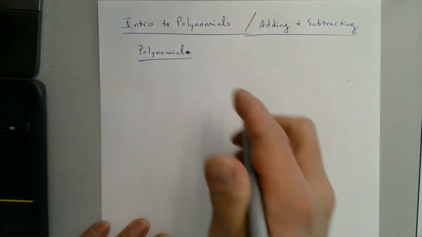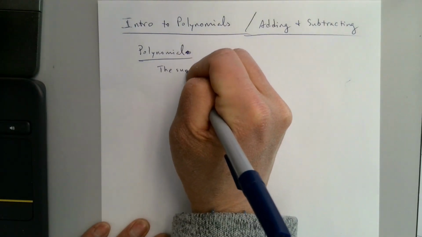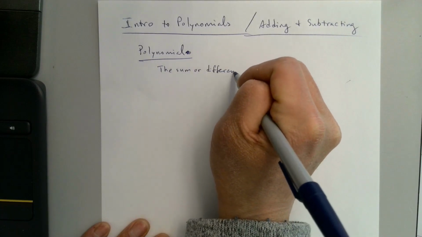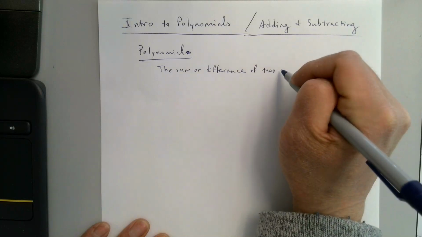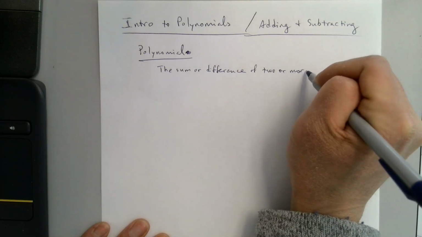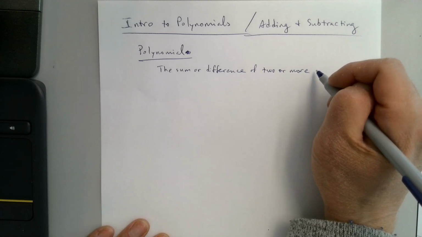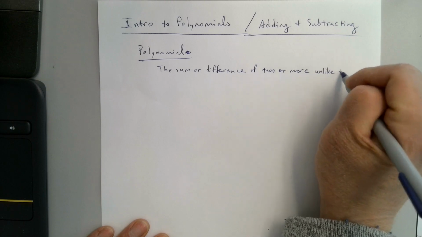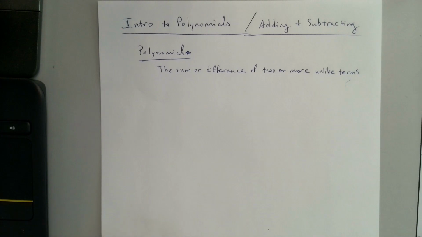So a polynomial is the sum or difference of two or more unlike terms.